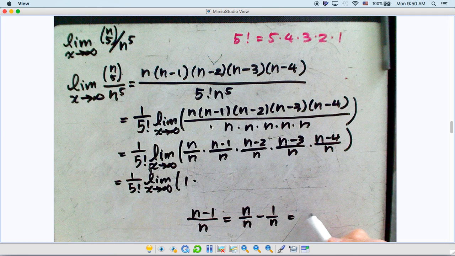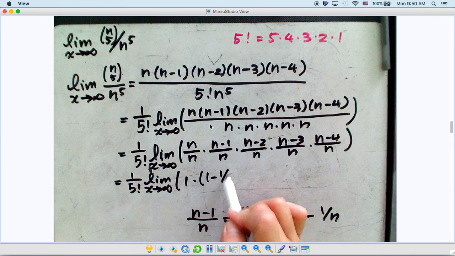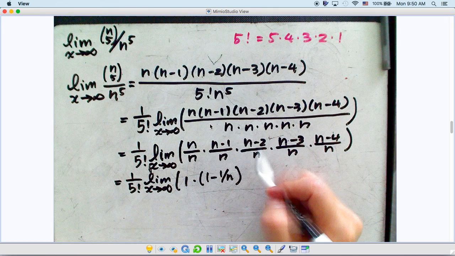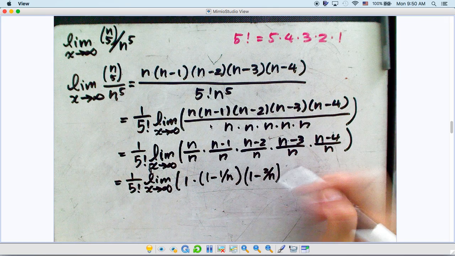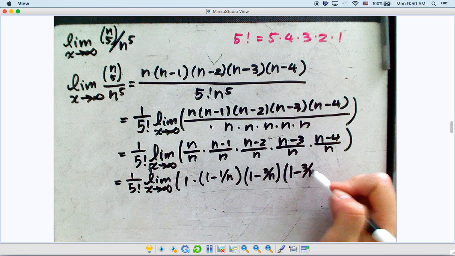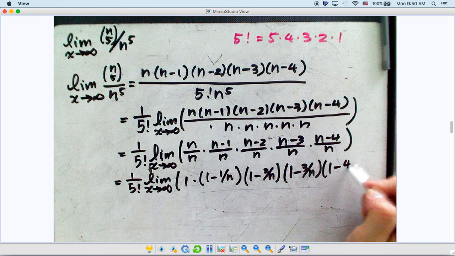So I'm going to rewrite it as 1 minus 1 over n. For the same reason, we'll have 1 minus 2 over n times 1 minus 3 over n times 1 minus 4 over n.